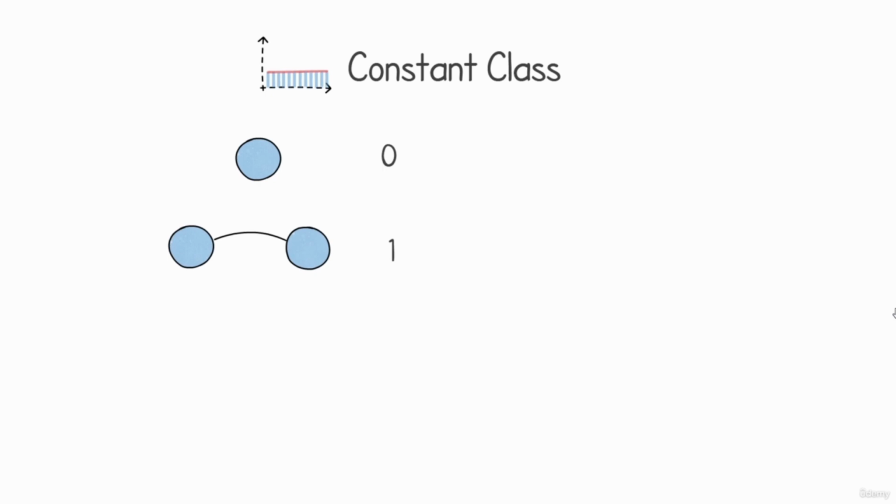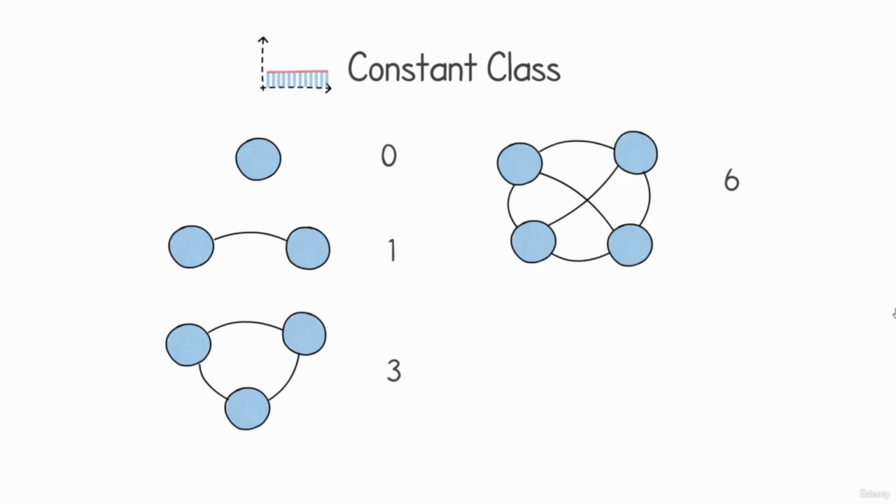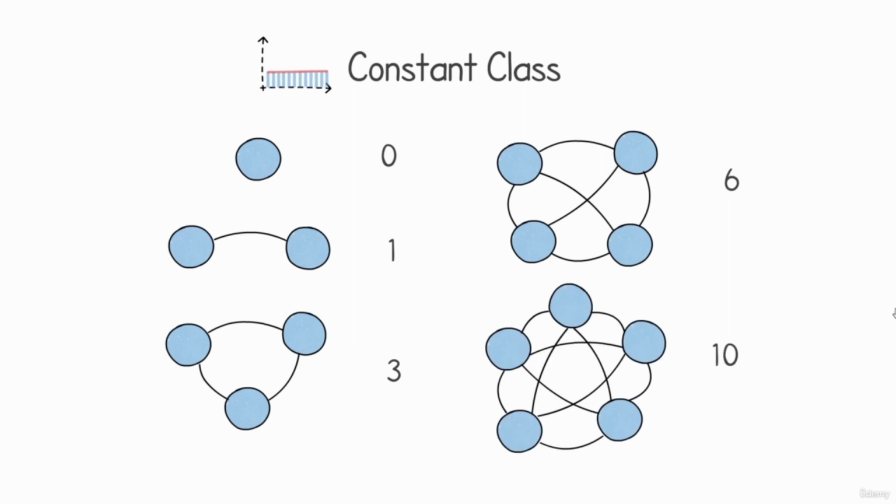There's only one way to connect two nodes together, so the total number of edges is 1. Between 3 nodes, we get 3 edges. And between 4 nodes, you get 6 edges. And then with 5, we already saw this in the previous example, you get 10 edges. You can also try this yourself, come up with the total number of edges for the next one, which is 6 nodes, and see how many edges you get.